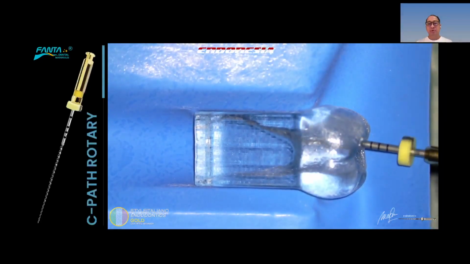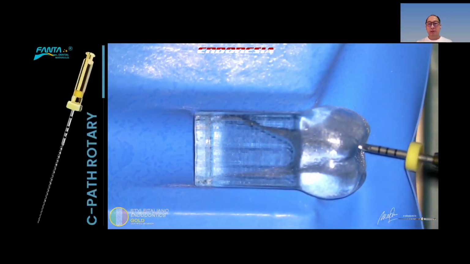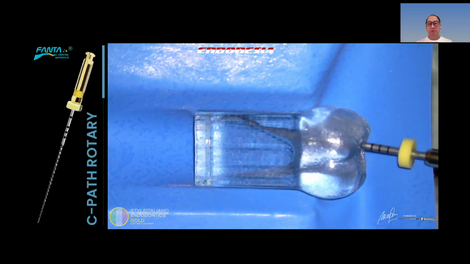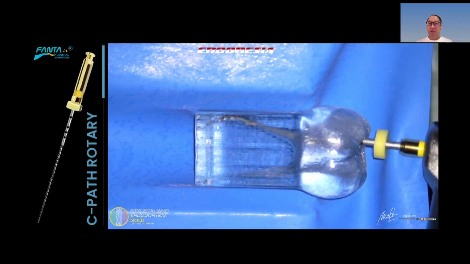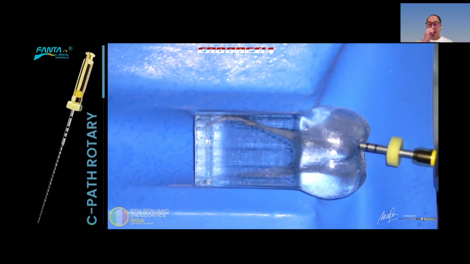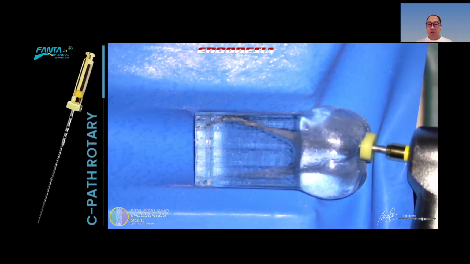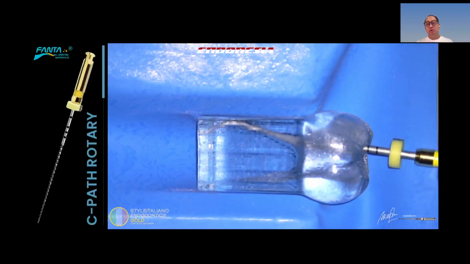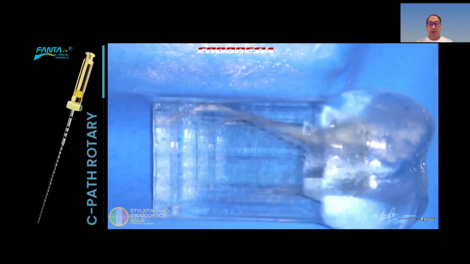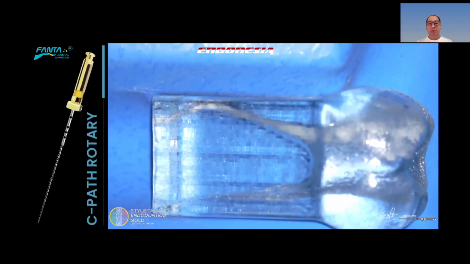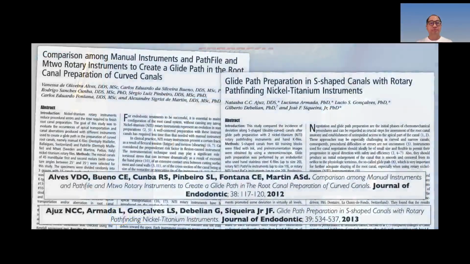In this case, I'm using sodium hypochlorite, and I'm using a C-Pilot rotary from Fanta. What you need to do is just use light pressure and let the rotary glide path work itself inside the canal. You just need to take it out, and you need to know when to put it in. You can see the debris is there, so the risk of debris extrusion is less.